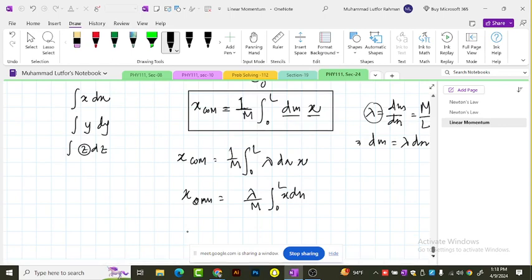Now I can integrate this one, x into dx, right? What should be the integration of x dx? x square by 2.